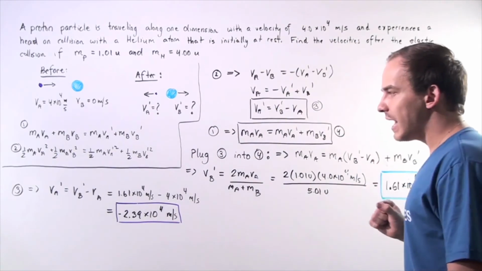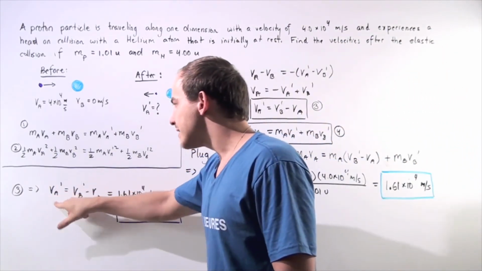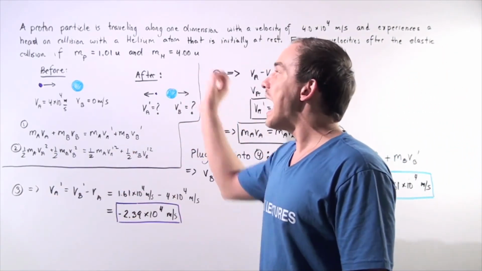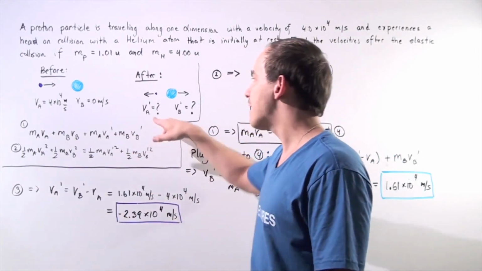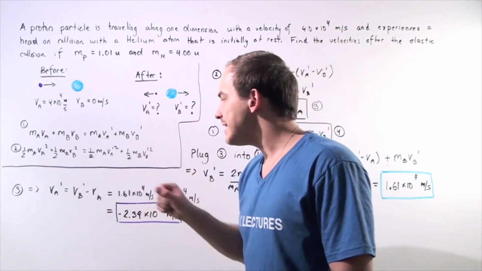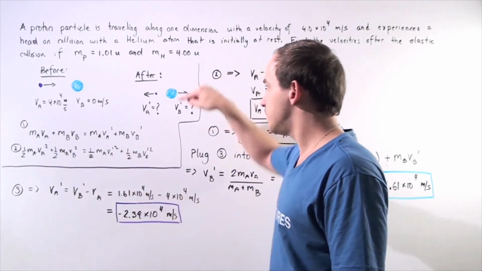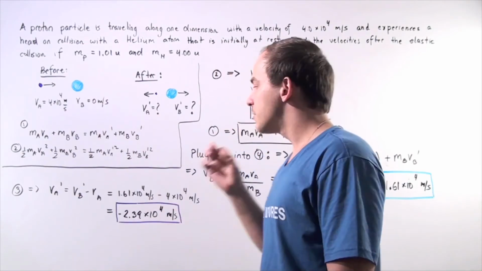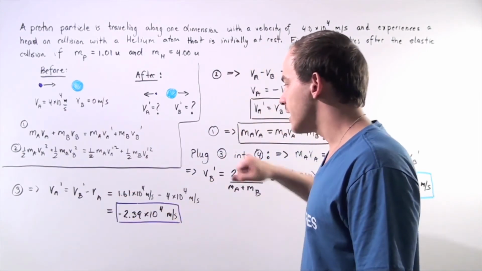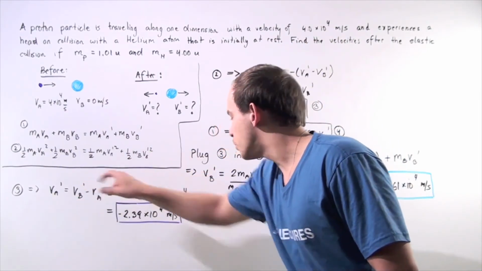So equation 3 tells us that the velocity of object A after our collision, the velocity of the proton after collision, is equal to the velocity of the helium after our collision minus the initial velocity of the proton. So we found what VB prime is.